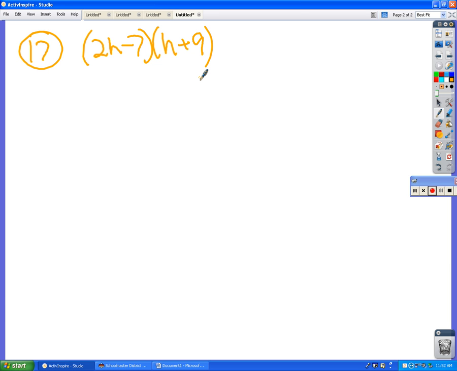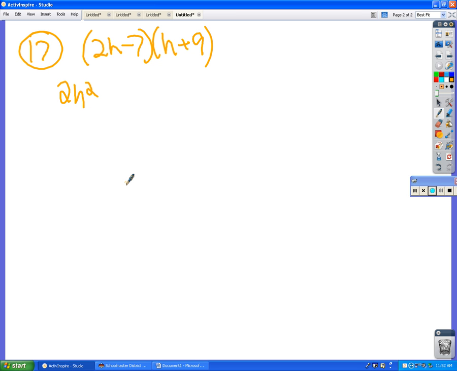Jacob, please stop. All right, so we're still foiling. So first times first. 2h squared, because this is the first term in these parentheses, and this is the first term in these parentheses. So if I multiply 2h times h, I get 2h squared.